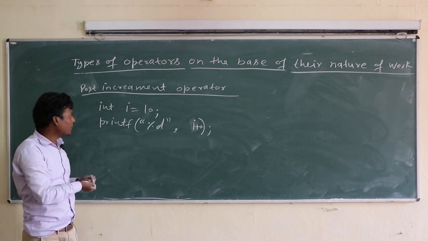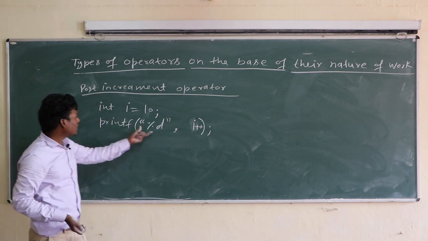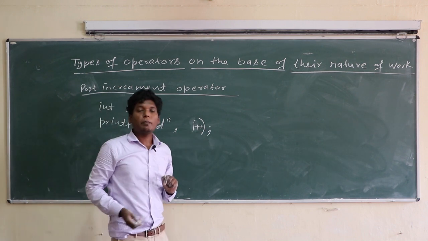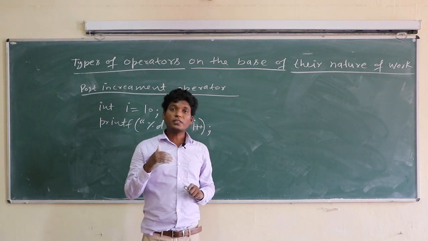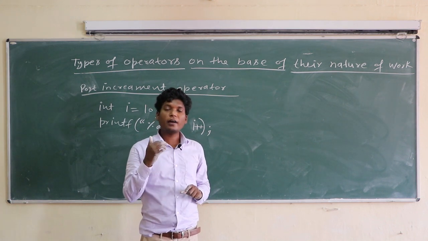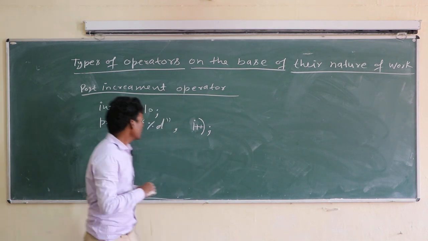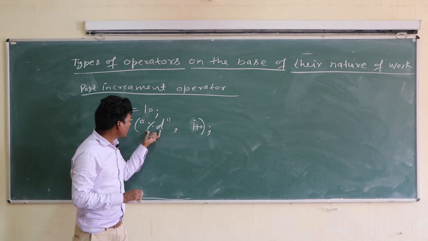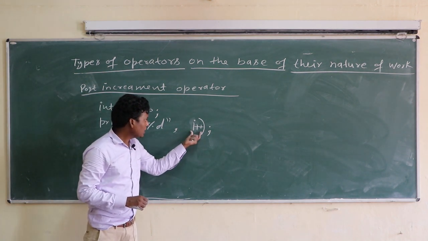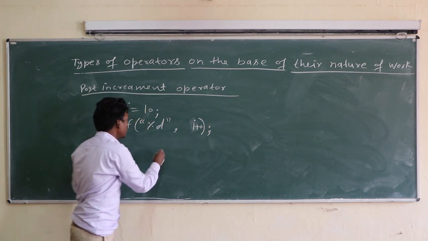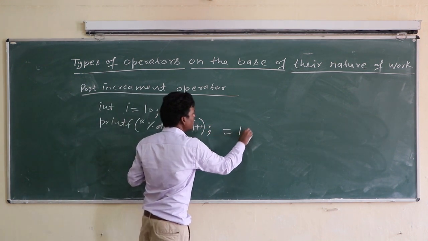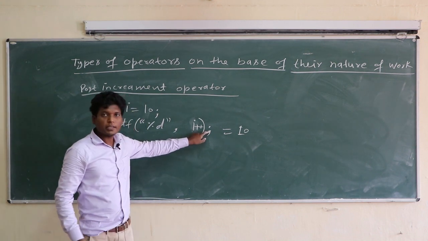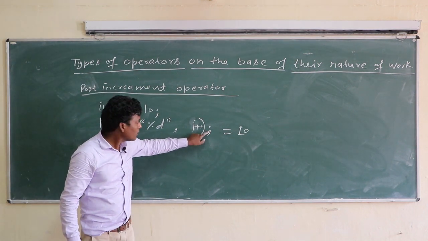In post-increment, the value is incremented after the statement ends, meaning after the semicolon. So here int I equal to 10, printf %d prints I plus plus, and the result will be 10, not 11, because the semicolon is here and the statement is terminated here.